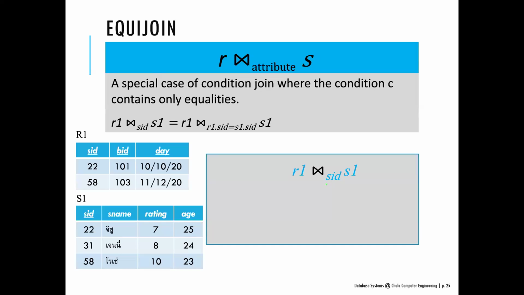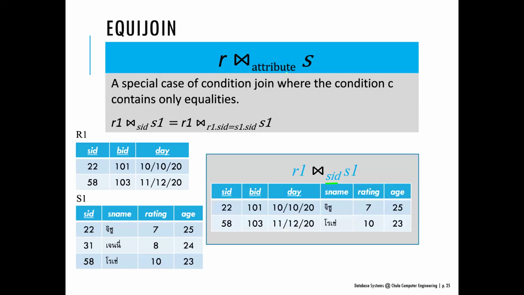So it means that I can only say SID because the condition is always equals to. All right. So when I say equal to, then the result would be R1 and S1 here, when you don't have like the 6 lines there, and you only select the line where SID on both sides are equal. So the result would be these 2 lines.